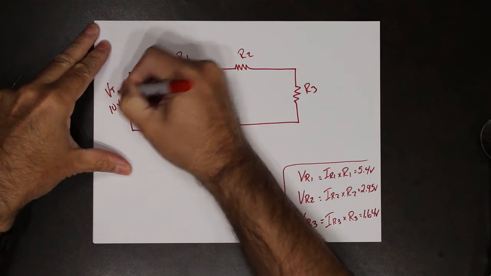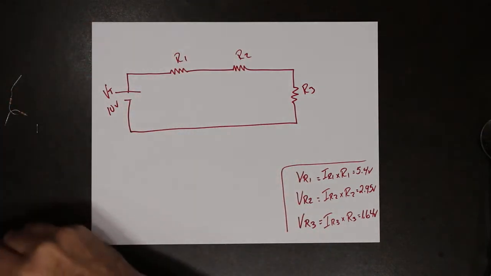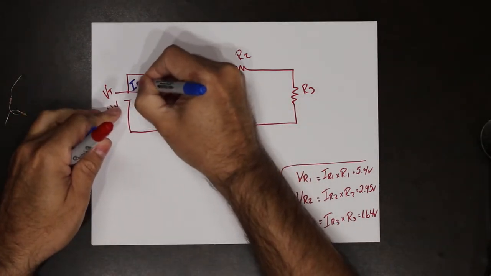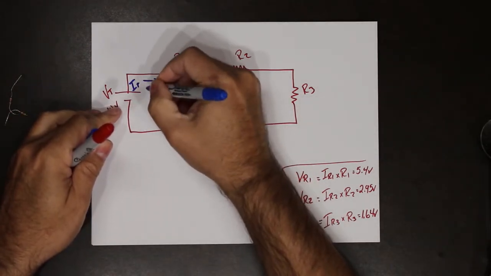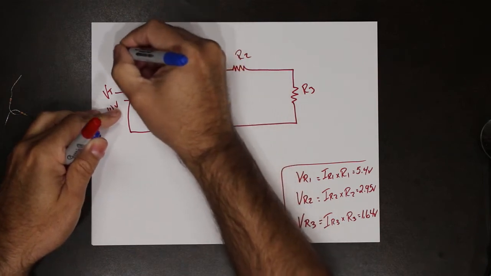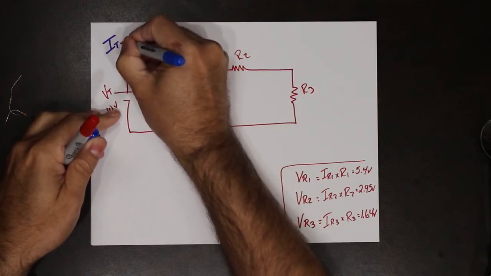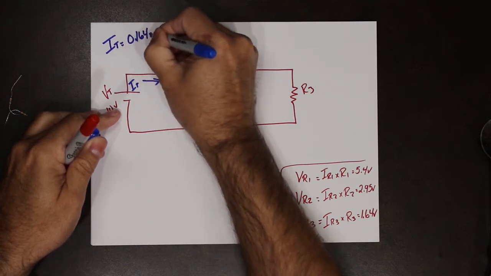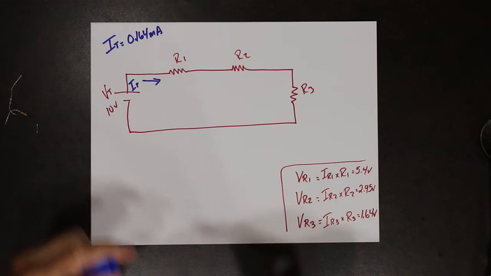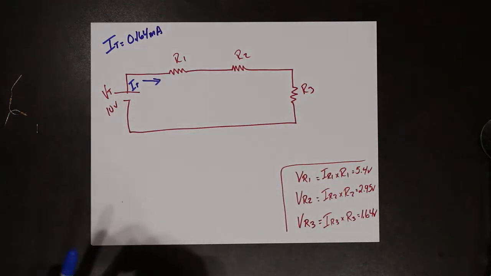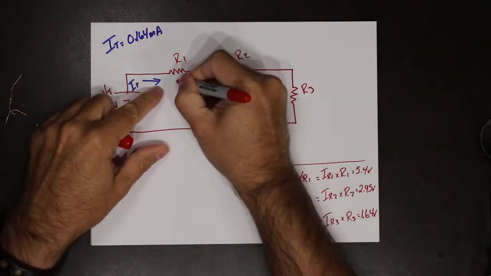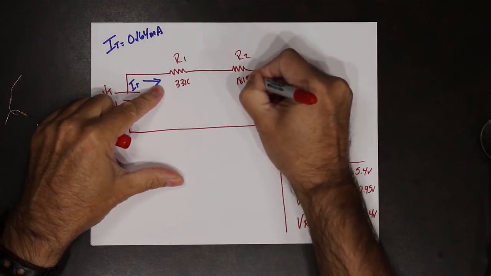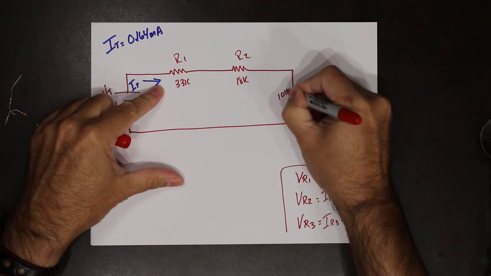Total voltage was 10 volts, and the total current I total was 0.164 milliamps. The resistance values were 33K, 18K, and 10 kiloohms.